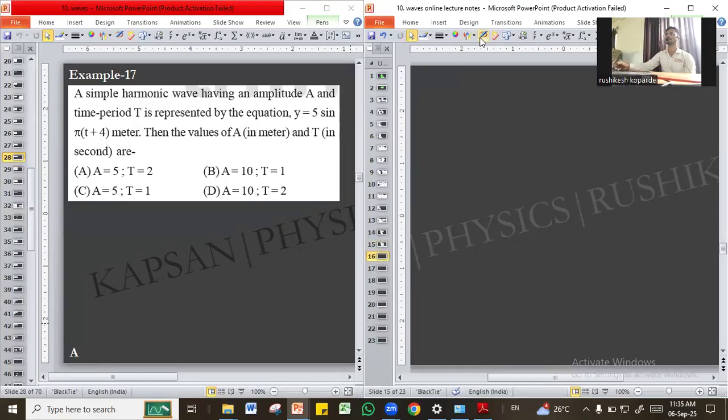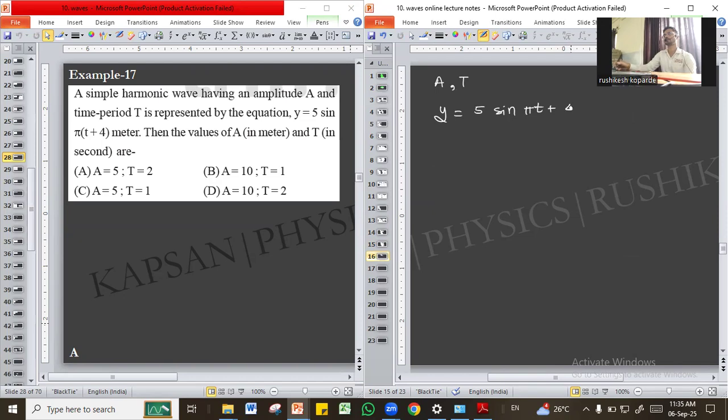Option A. A simple harmonic wave having amplitude A and time period T represented by the equation y is equal to pi sine pi in the bracket t.